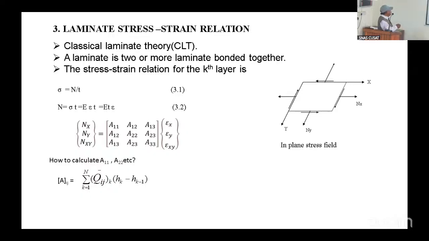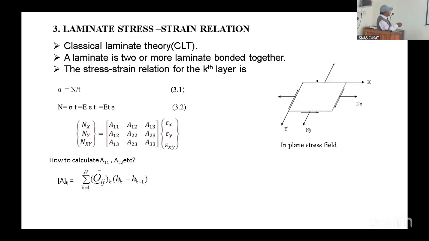Now why do you want to write like this? Because we wanted to represent in single dimension, where one dimension is avoided. So N is equal to sigma into T. That is, sigma is equal to E into epsilon, a representative way of writing, so N is equal to ET into epsilon.